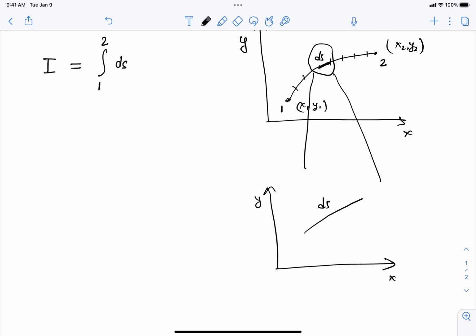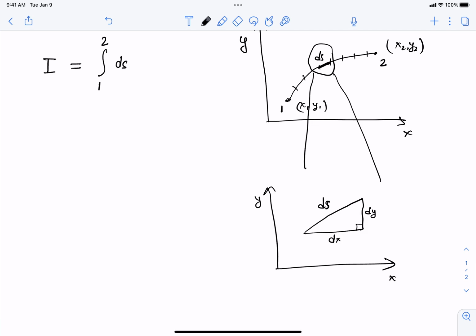Then we can look at this as part of a right angled triangle whose two sides are dx and dy, and the third side is this length element ds.